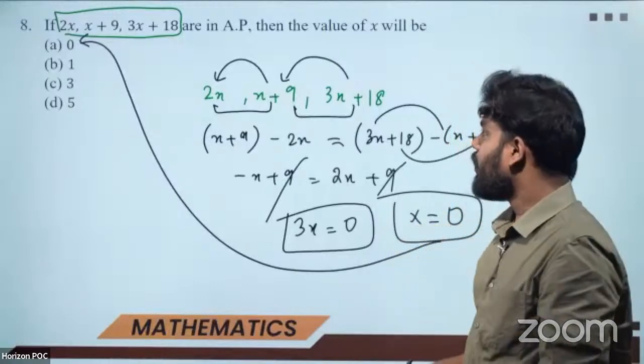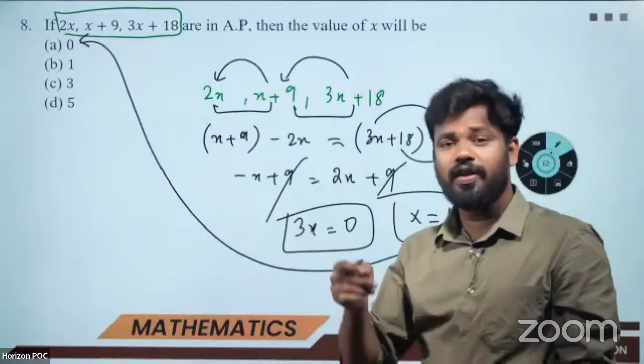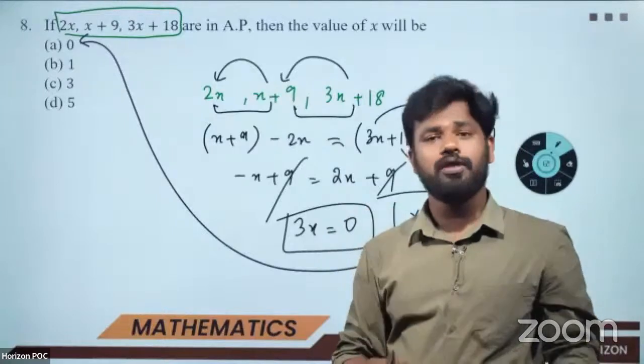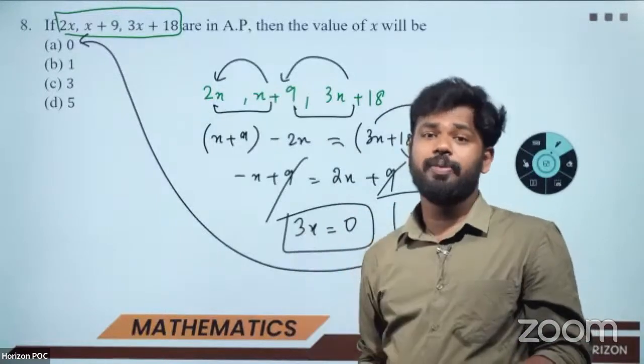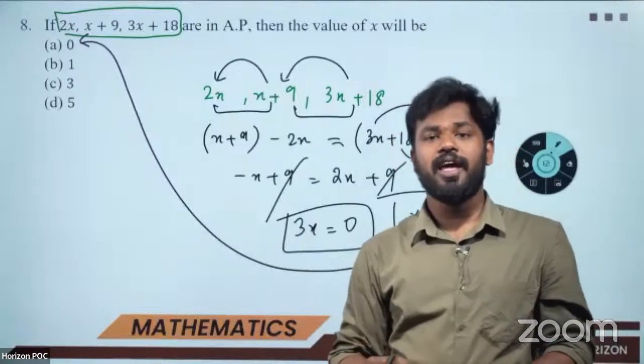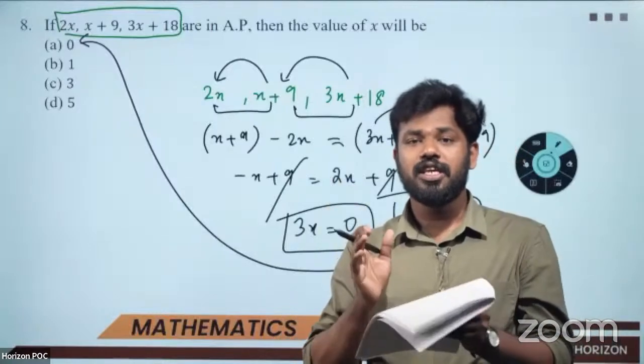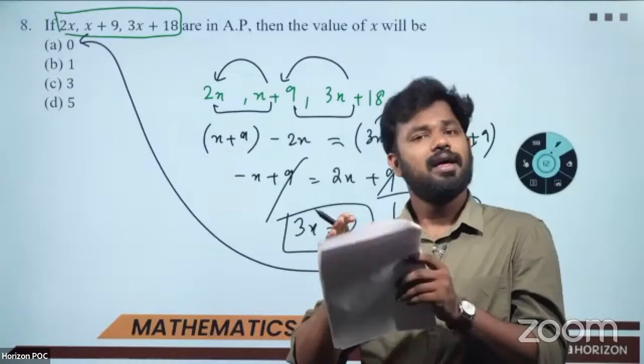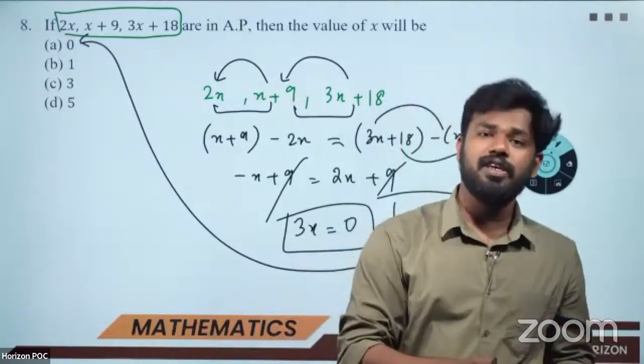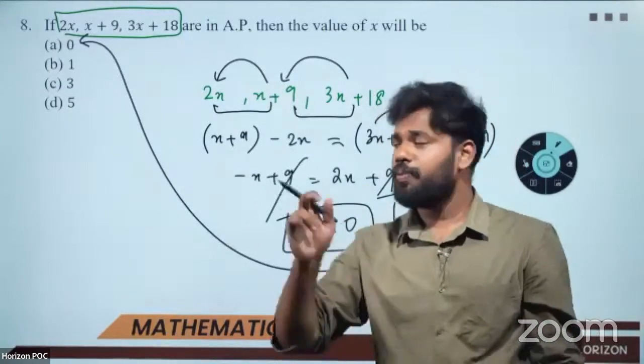Got it? Okay. So that is about 8th question, where you have used the properties of an arithmetic progression or how an arithmetic sequence behaves. So how does an arithmetic sequence behave? The difference between the consecutive terms will be the same. That is, the second term minus the first term will be equal to what?